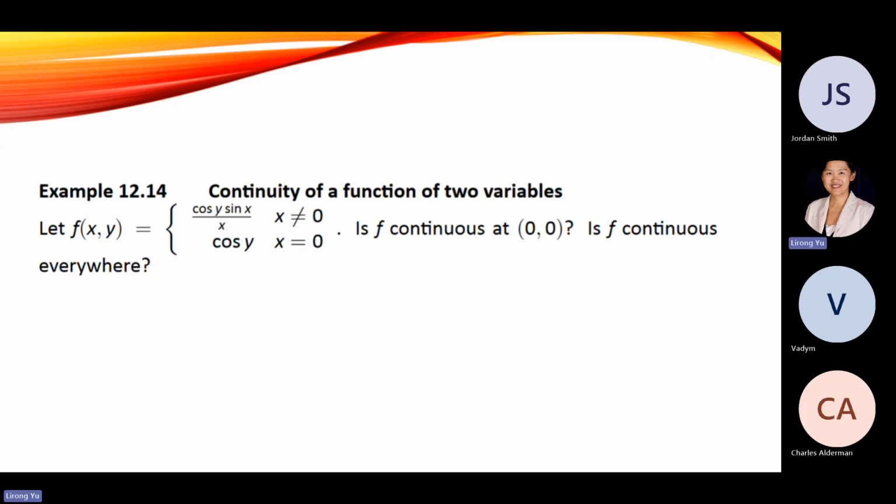The function is defined as a piecewise function. For x equal to 0, we have one formula. For x not equal to 0, we have another formula. So in this case, to ask whether the function is continuous at 0, you will find the limit of the function at 0, and then you will find the function value. If they're equal, then it's continuous.